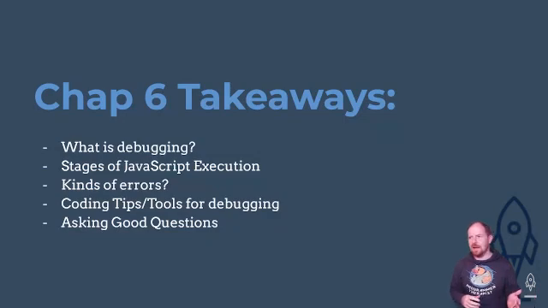This is not something I look at every day of my software engineering career. High-level stuff like the stages of execution is kind of important, but the actual kinds of errors aren't as important. They're good to be able to Google. There are some coding tips and tools for debugging that I'm going to show you in VS Code. And then Chapter 6 talked about asking good questions.